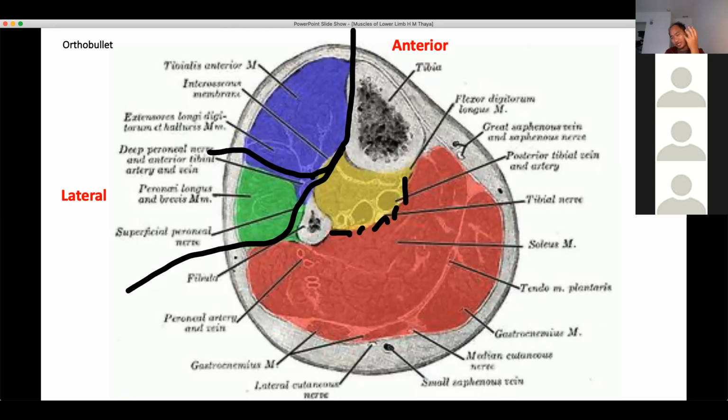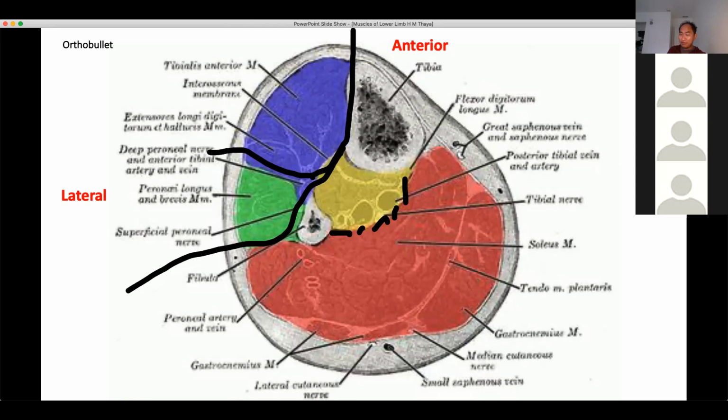I appreciate that the cross-sectional anatomy of the leg is very complicated if we do not understand. So just sit down and think for 30 seconds. Just check whether we understand this diagram or not.